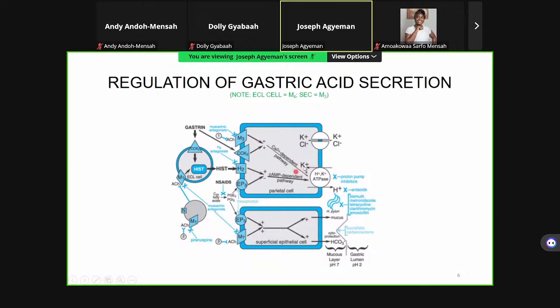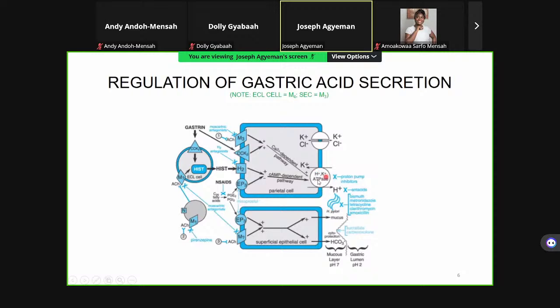So both the gastrin pathway and the muscarinic pathway are calcium-dependent pathways. And both of these pathways can lead to the release of hydrogen from the parietal cell through the hydrogen potassium ATPase, which is also referred to as the proton pump.